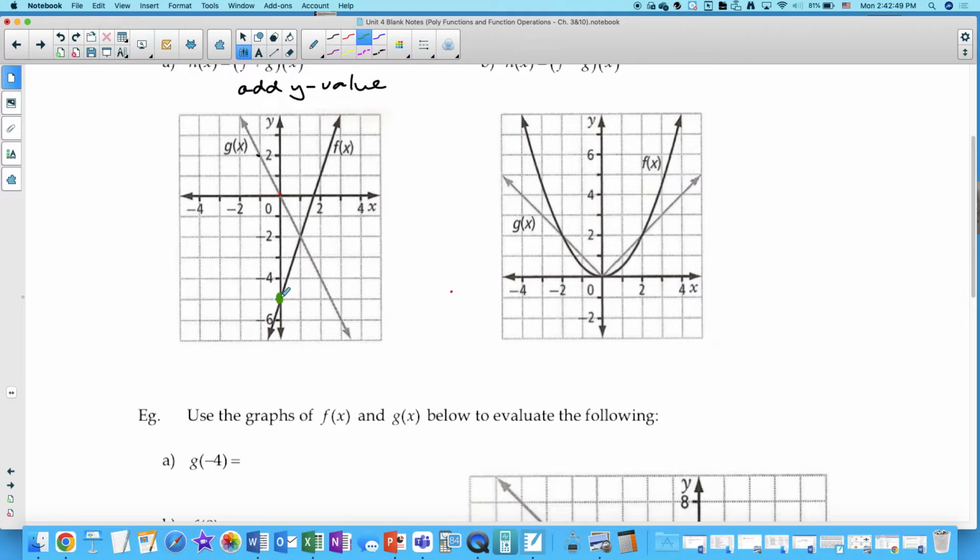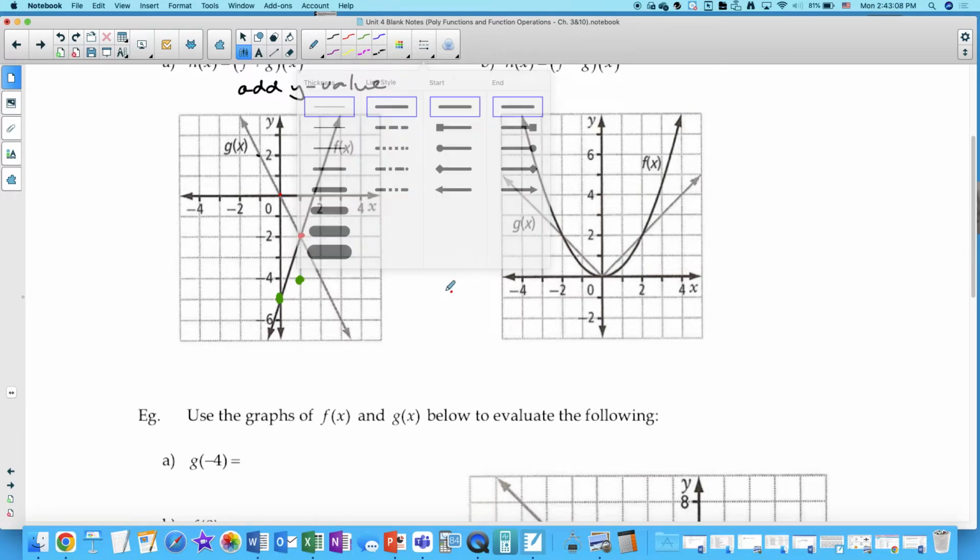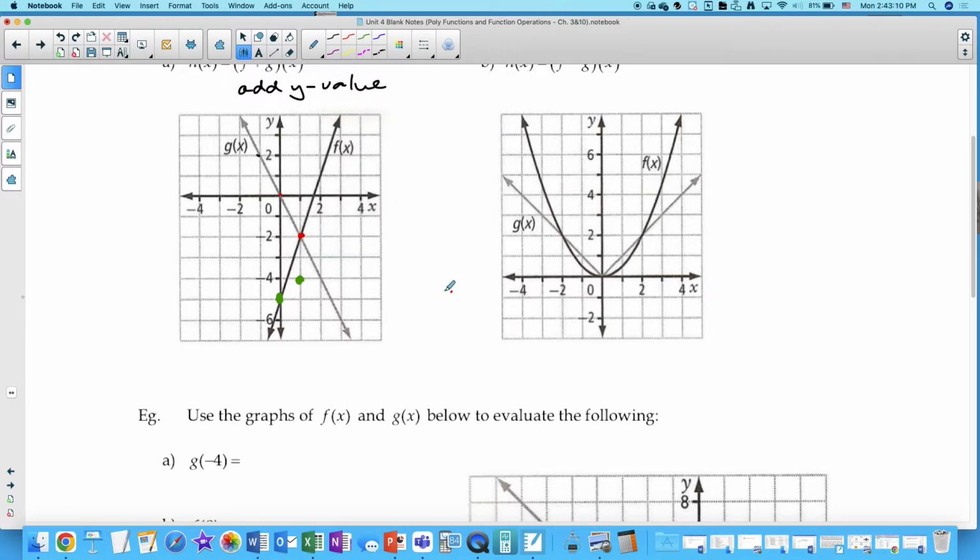Okay, and then when x is 1, one of them is negative 2, the other one's also negative 2. What's the sum of negative 2 plus negative 2? Negative 4, yes. You've got to be careful if you're adding or subtracting, right? And then, let's see, when x is 2, f of x is 1, and g of x is negative 4. So what's 1 plus negative 4?